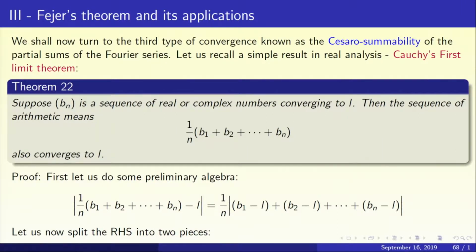What is that going to be equal to? Do the algebra. It is 1 upon n times the absolute value of (b1 minus L) plus (b2 minus L) etc. plus (bn minus L). That's pretty easy. That is the last displayed equation in your slide. So now let us apply the triangle inequality and split the right hand side into two pieces.